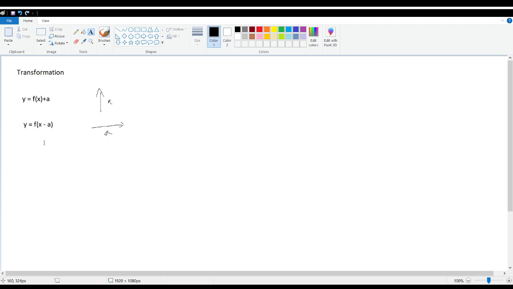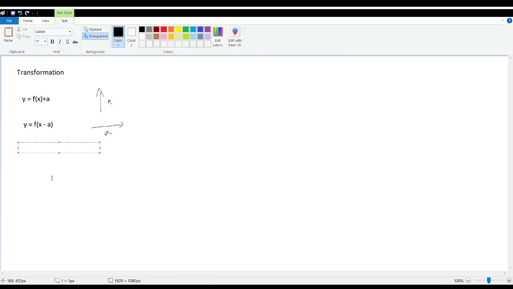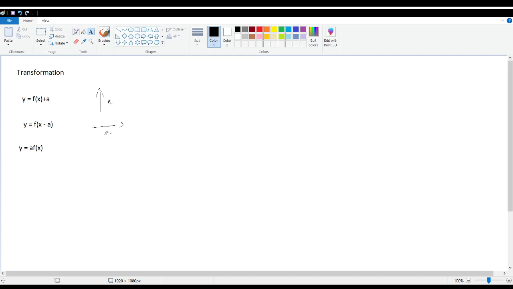Moving on, y equals a f of x. So now the function will stretch vertically by a factor of a. So it's stretching in the y direction.